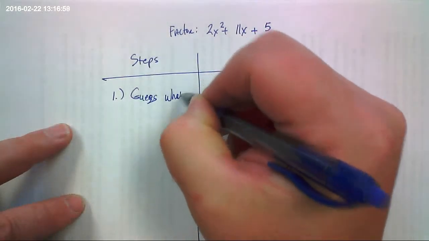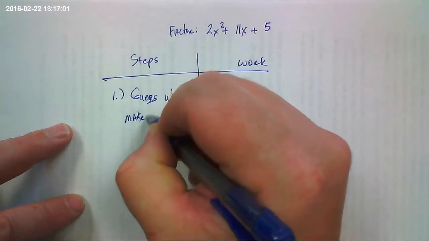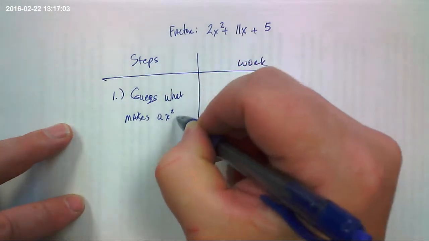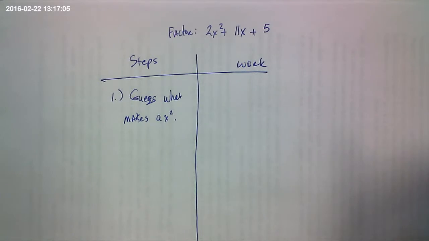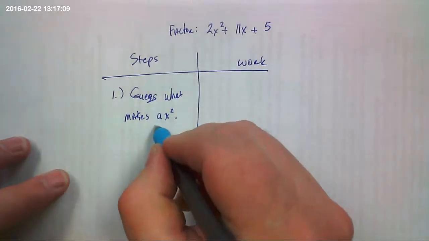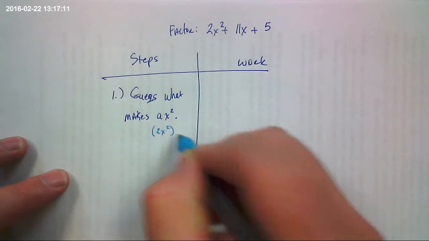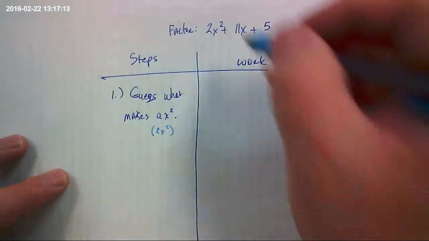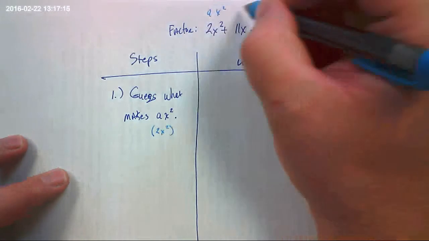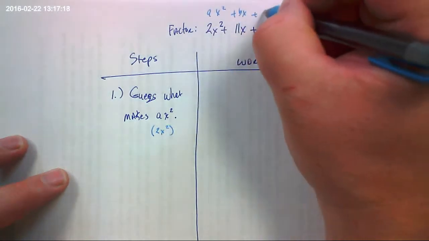Guess what makes ax squared. What is ax squared for this problem anyway? So for our example, it's 2x squared. Do you see how this is ax squared plus bx plus c?